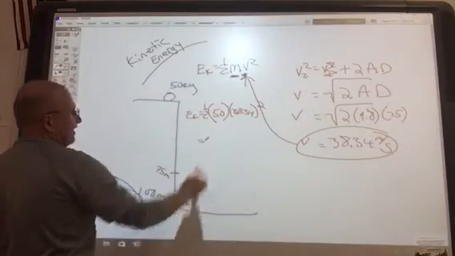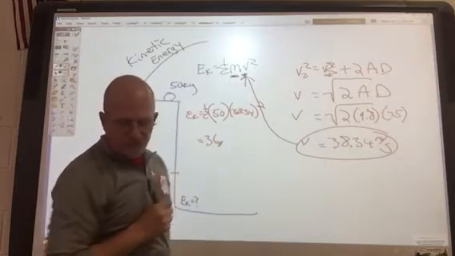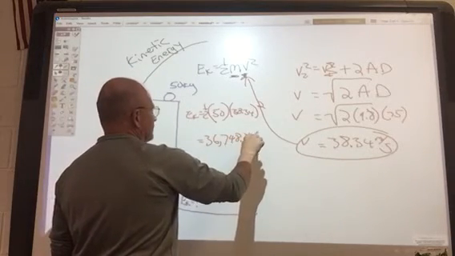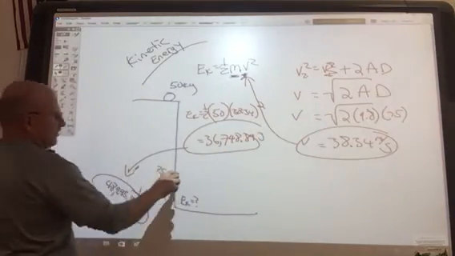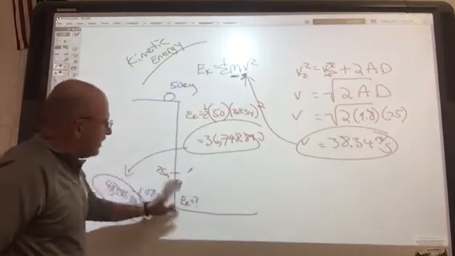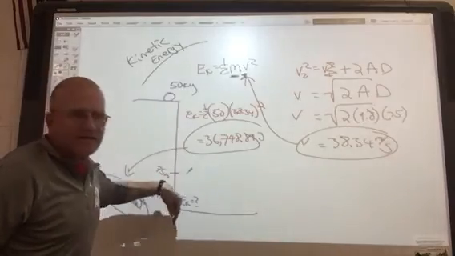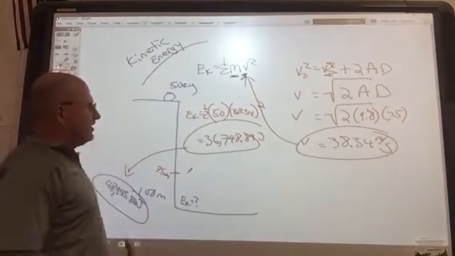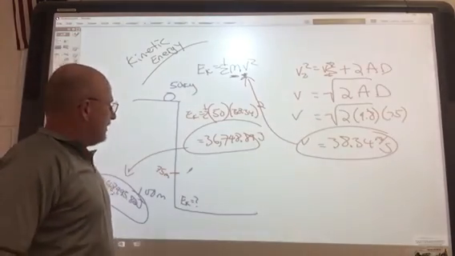And so when you do that, that number becomes 36,748.89 joules. And so I see that that is smaller than that because I don't have as much kinetic energy right there. All right, but I did this problem because I want you to keep that in mind. The kinetic energy increases the farther that it falls. The faster that it goes, the farther that it falls. Okay, that's a pretty big piece of the puzzle.